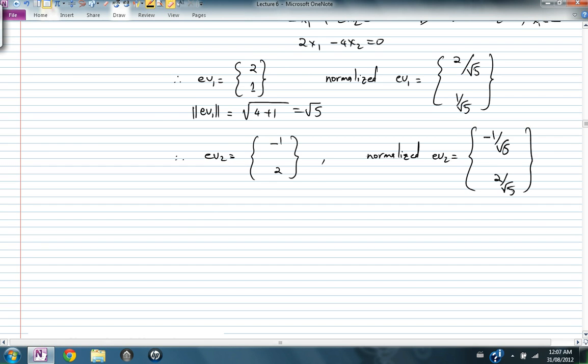Okay, so what does this mean? It means that in the original coordinate system, E1 and E2, the stress matrix has this form: [4 2; 2 1].